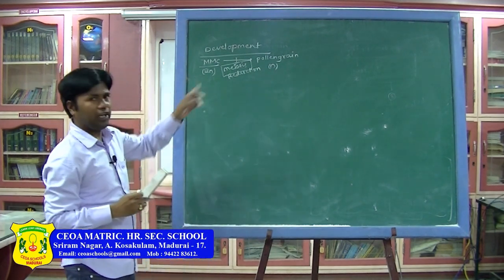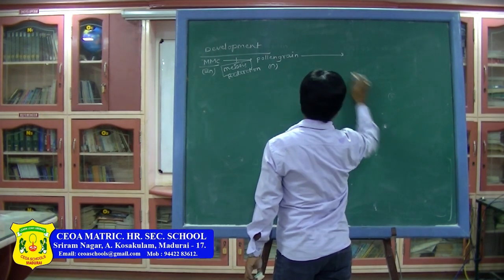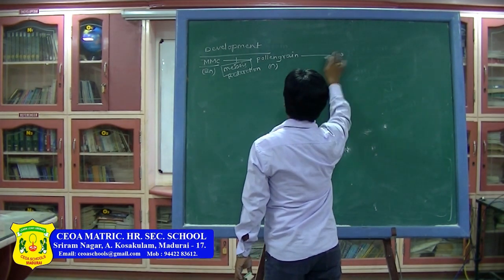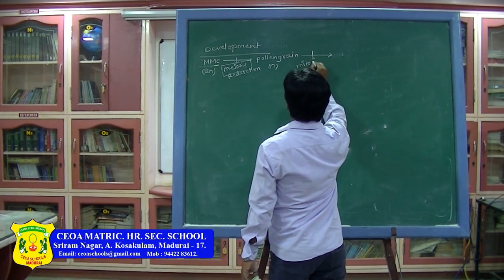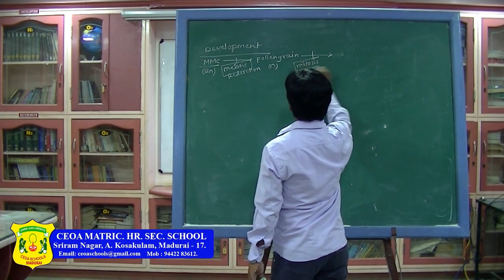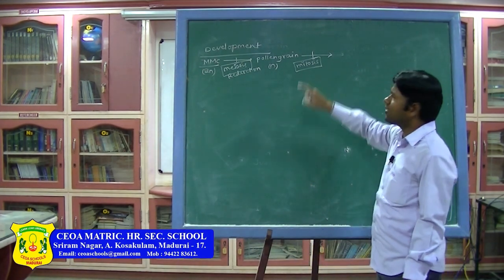Next, this pollen grain undergoes one division. The name of the division is mitosis cell division. So, first step, which cell division? Meiosis. Second step, which cell division? Mitosis.